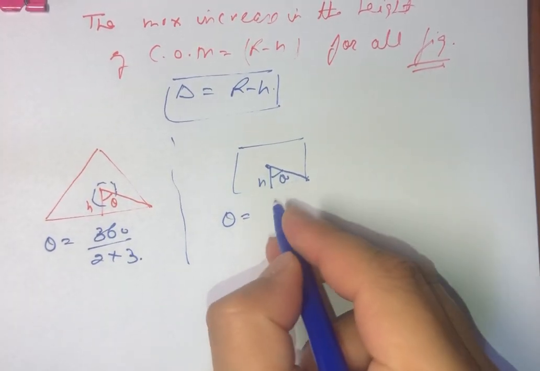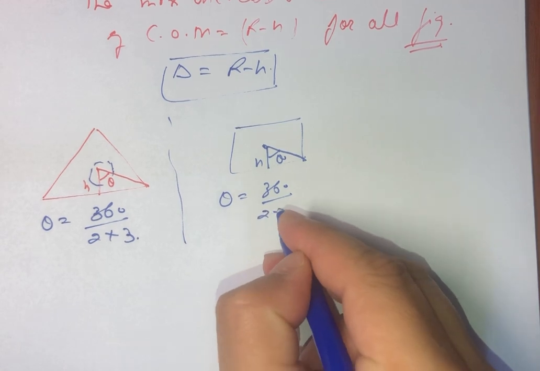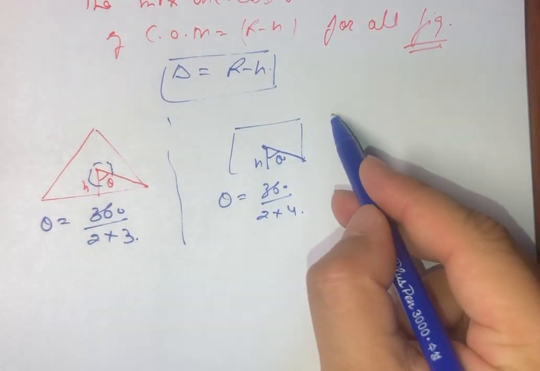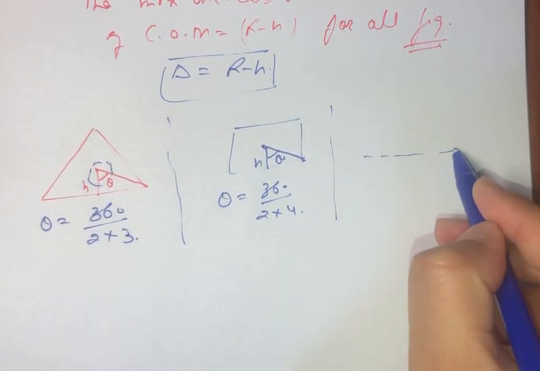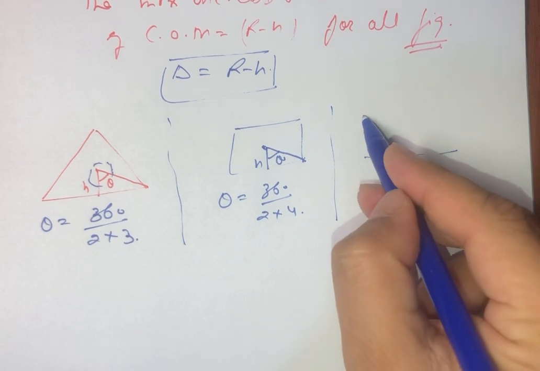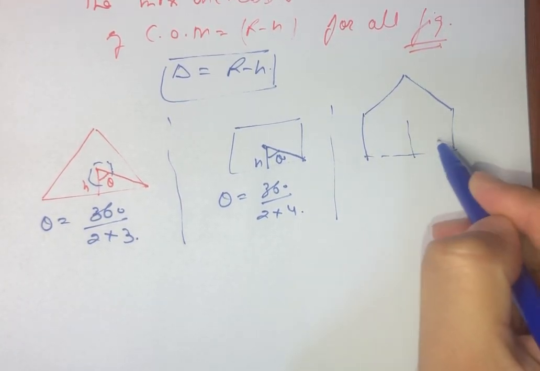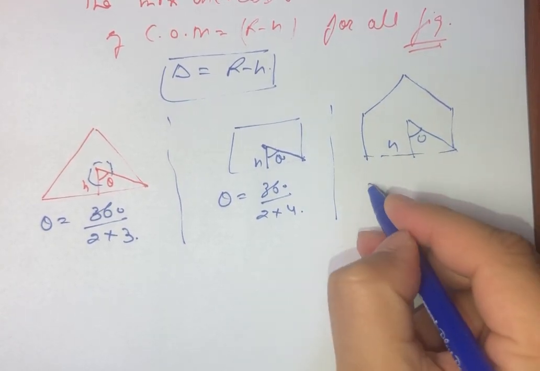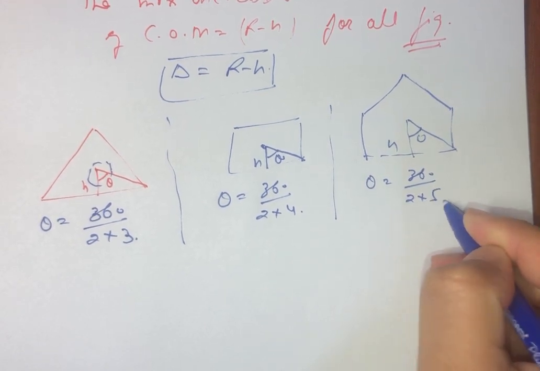So here we can say theta is equal to 360 divided by 2 multiplied by 4, 4 being the number of sides. And similarly for this pentagon also, angle theta, this height is H, so theta is equal to 360 divided by 2 multiplied by 5.